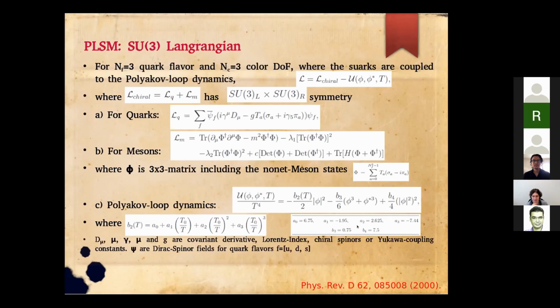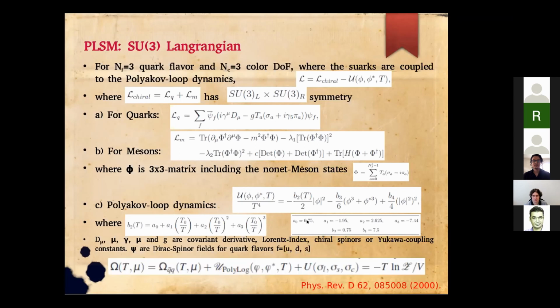Accordingly, the model has different parameters like the Dirac matrices gamma and so on, which are also defined with the covariant derivative, the Lorentz index, the chiral spinors, and so on. All these parameters have to be fixed before you can start your calculations.